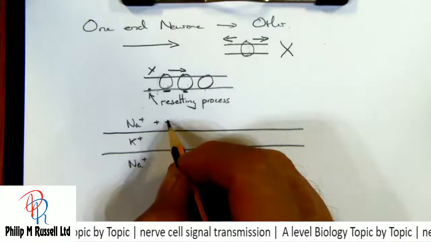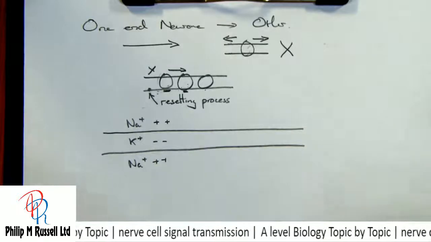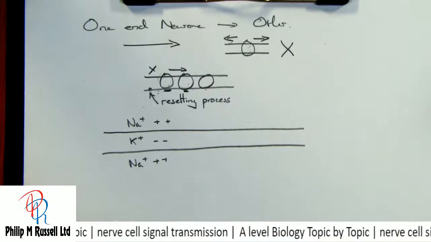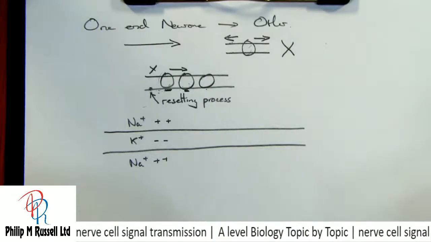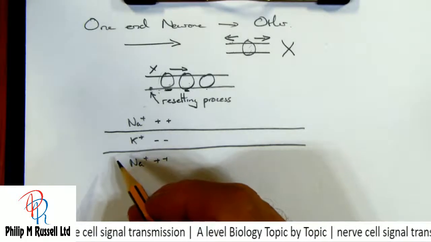This is effectively quite positive, and this is effectively more negative. This is our resting potential. Now, a stimulus comes along.